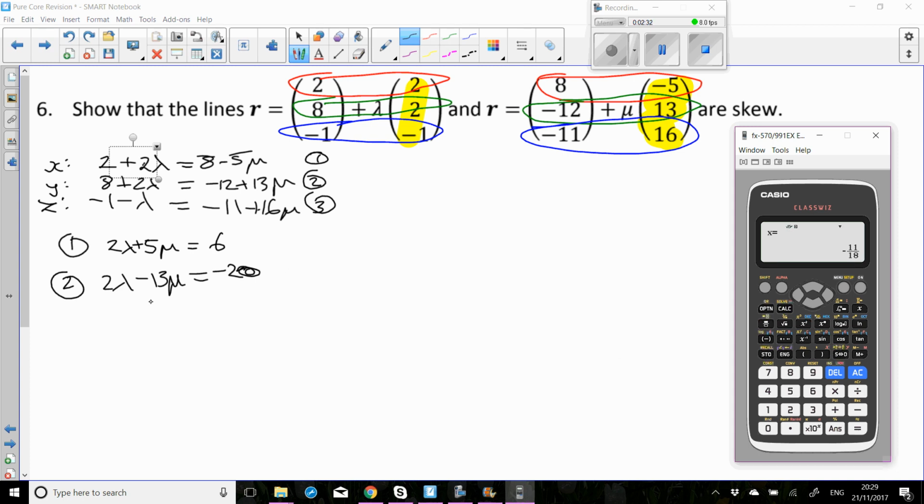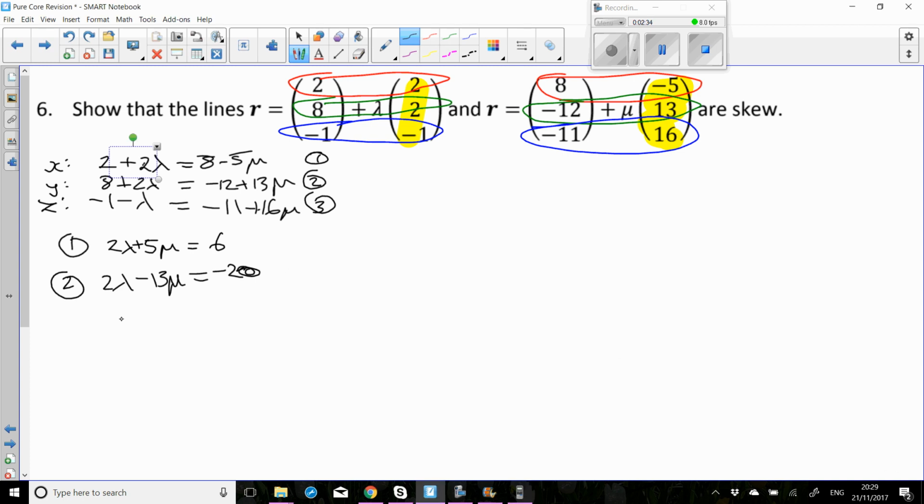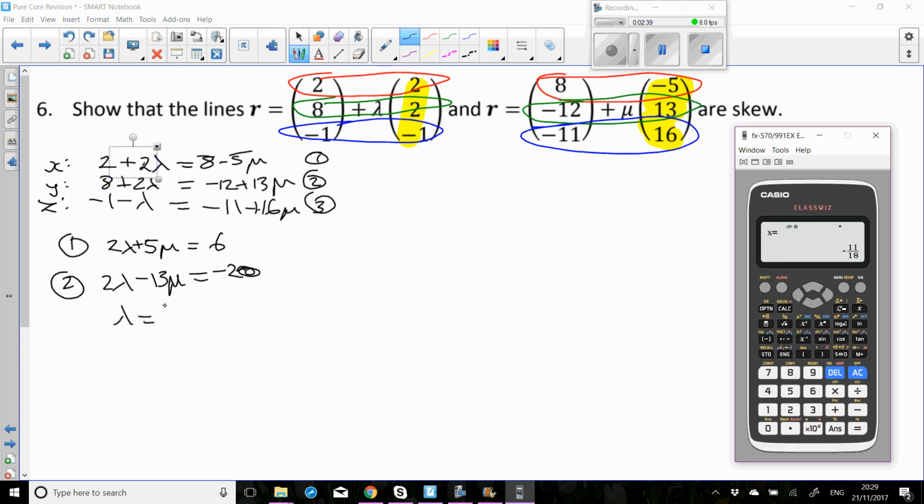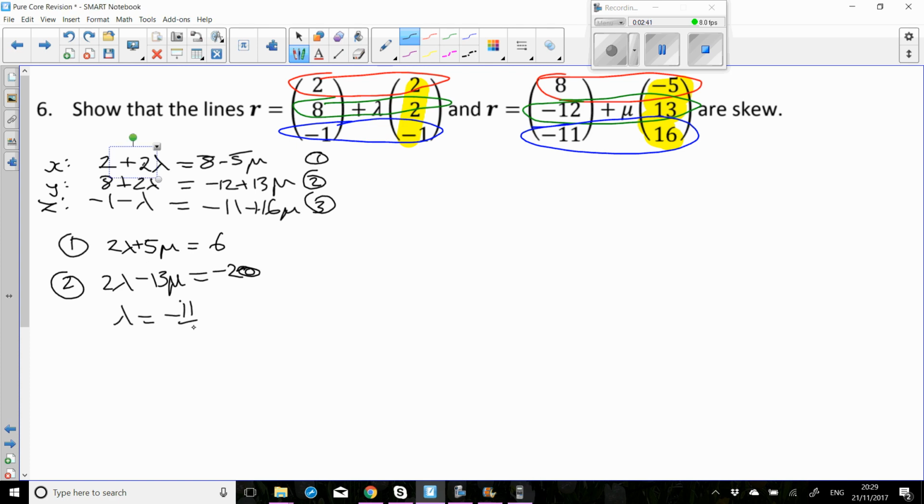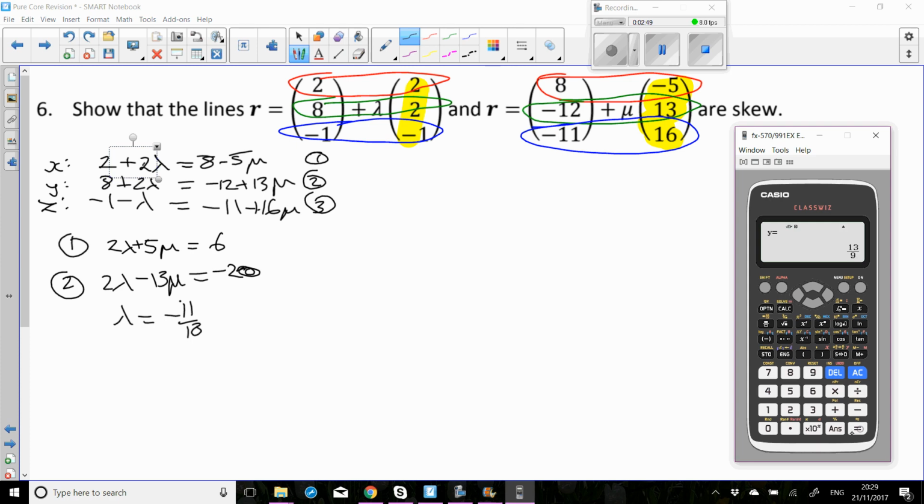Right, then we just got to remember which way around we put it. So we had lambda as x, which means we have mu as y, 13 over 9.